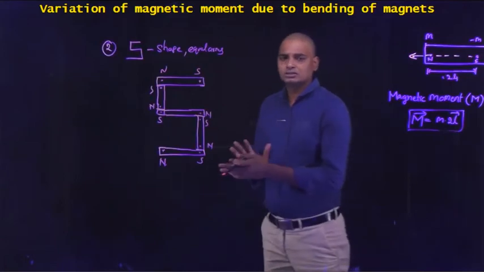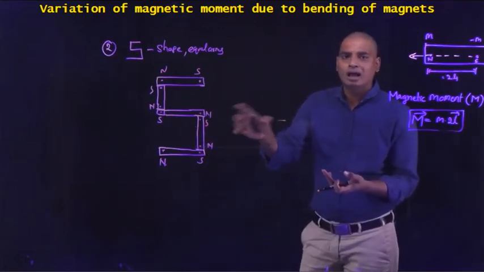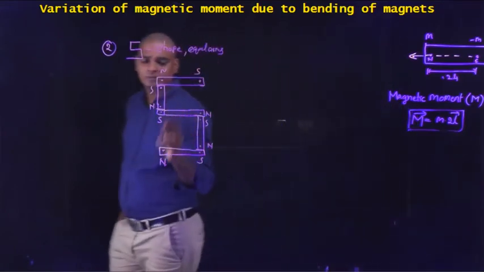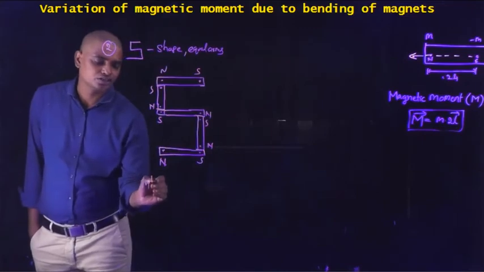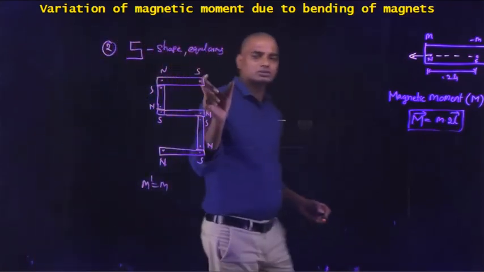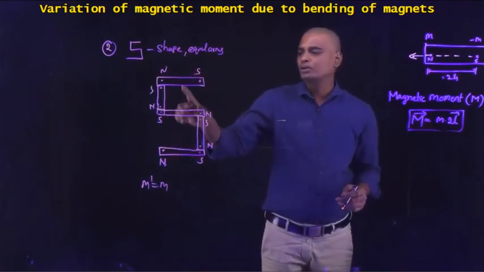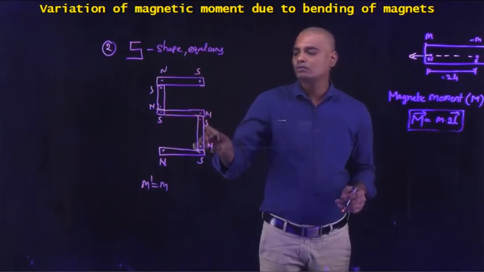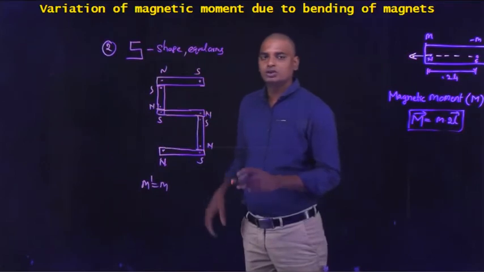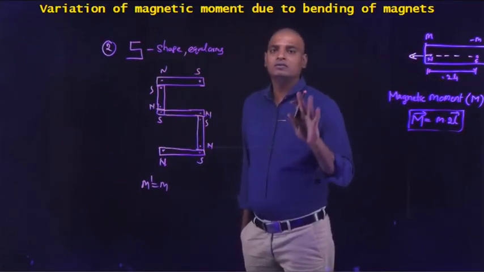Let us denote the pole strength of each arm and the magnetic length of each arm. For each arm the pole strength remains the same, so m dash is equal to m. As it has equal arms, the total bar magnet is bent in the form of an S shape, which has 1, 2, 3, 4, 5 arms. In the S shape it considers 5 arms, so the total magnetic length of the bar magnet is divided into 5 parts.